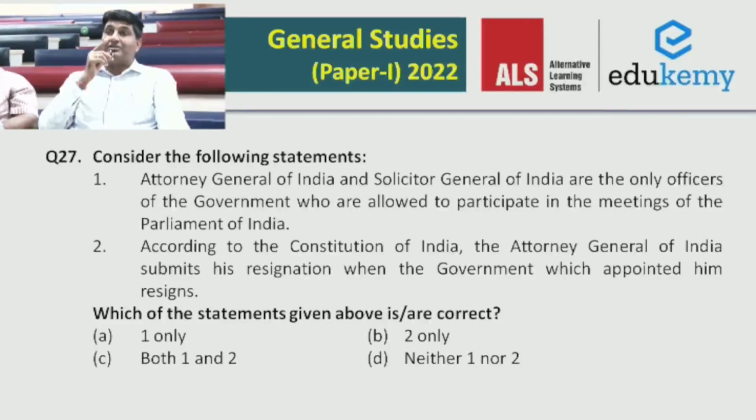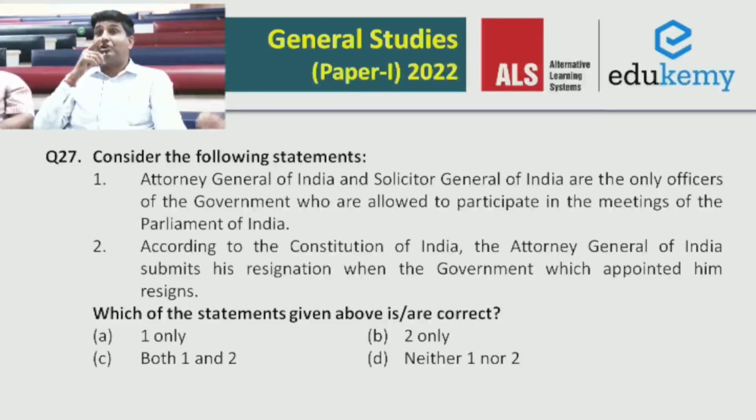So the second statement is wrong, because it says according to the Constitution of India. It is not according to the Constitution; it is based on tradition or practice. So 1 and 2 are both wrong. The answer is neither 1 nor 2, that is D, delta.